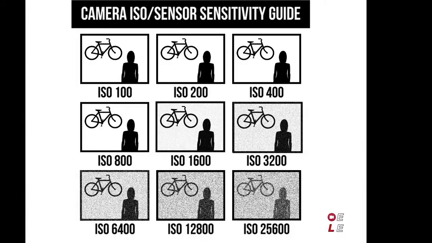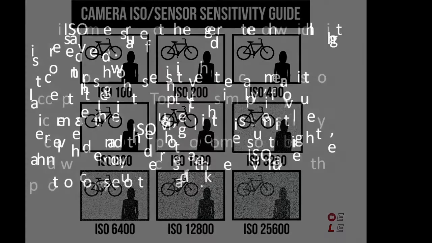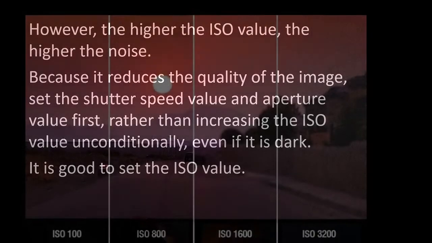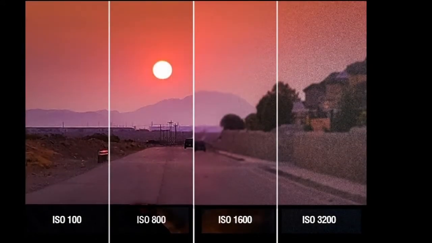It controls how sensitive the camera is to accept the light. To put it simply, if you increase the ISO value, light is sensitively received and the photo comes out bright, and when you decrease the ISO value, the photo comes out dark. However, the higher the ISO value, the higher the noise, because it reduces the quality of the image.